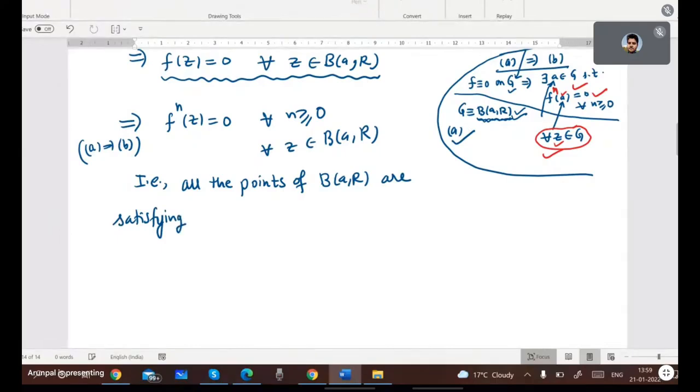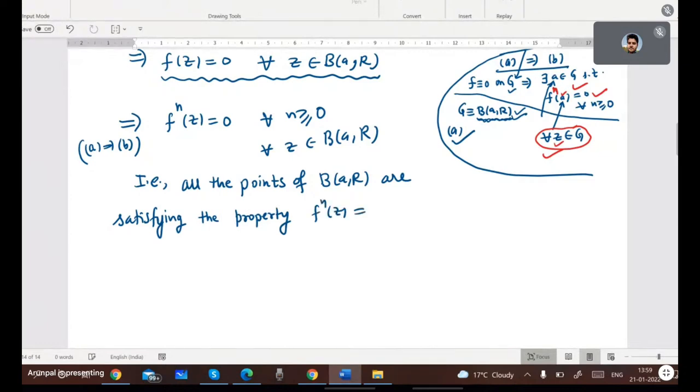You should also take note of my language, how I write and how I speak, so that we may understand the meaning properly and clearly. All the points of B-bar are satisfying this property.